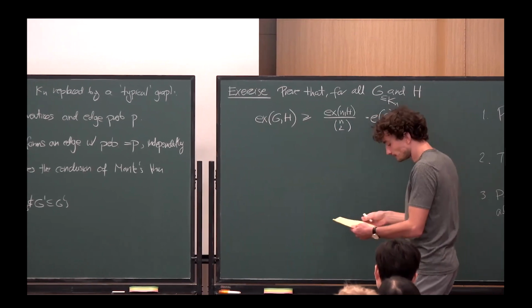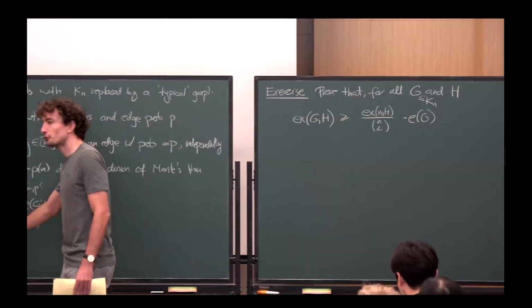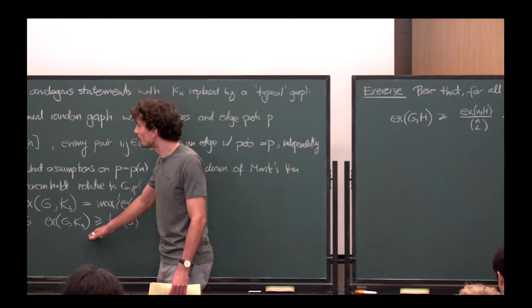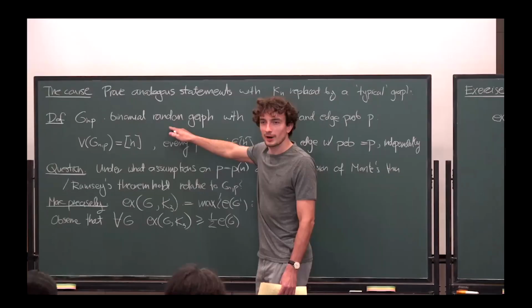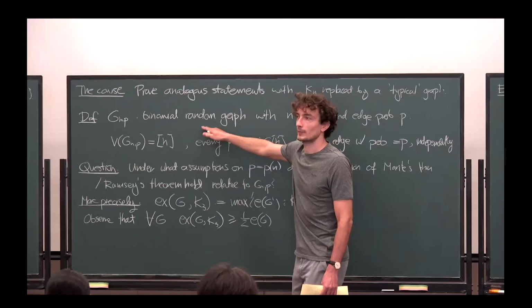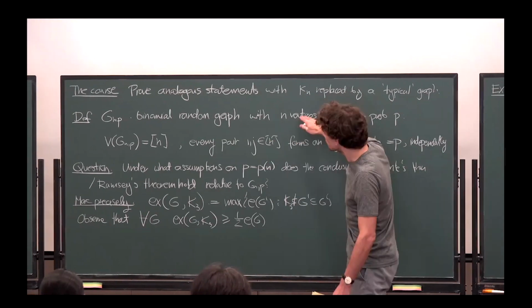Now, if this is true for every graph, then it will be true for our random graph with probability 1. It's true for each possible outcome.